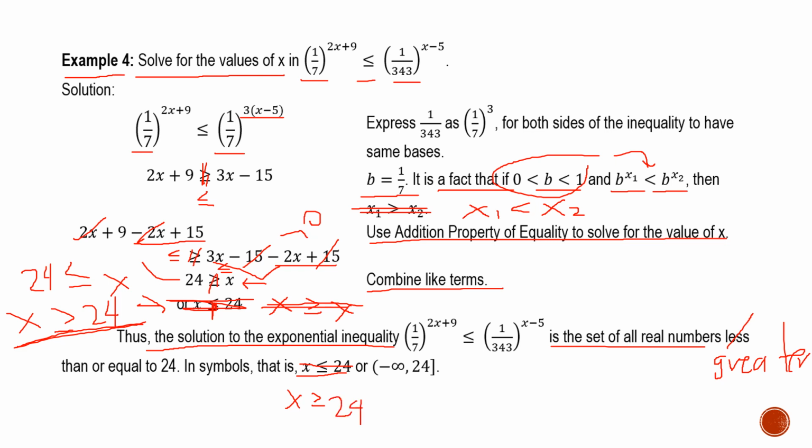It starts from positive 24 to positive infinity, because your x can be greater than 24 or equal to 24. Meaning to say that the value of your x will start from positive 24 going to positive infinity. That will be the final answer for this one.